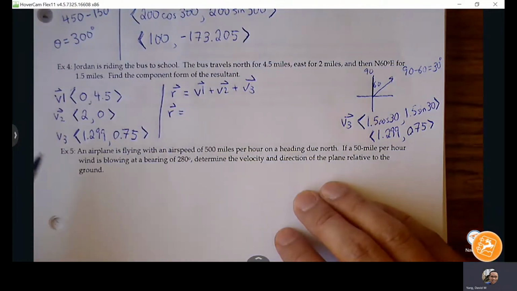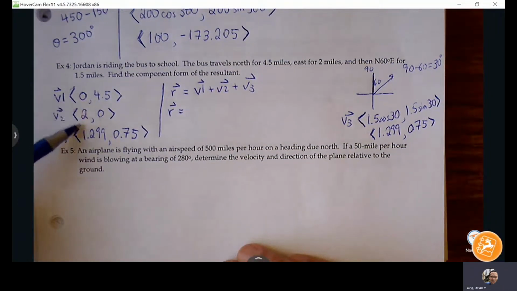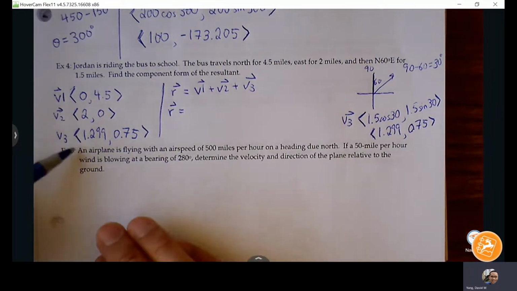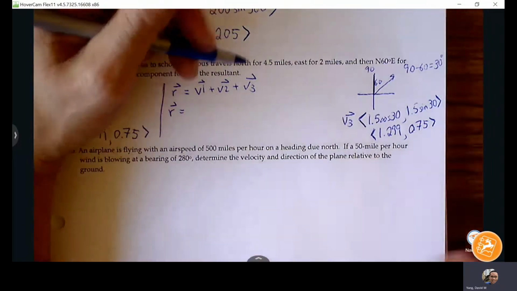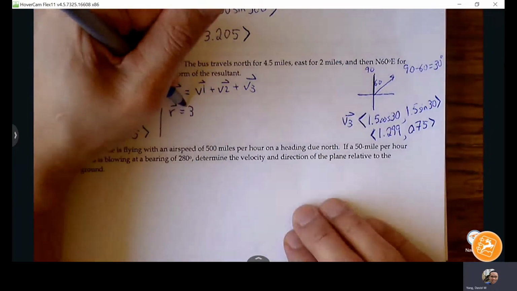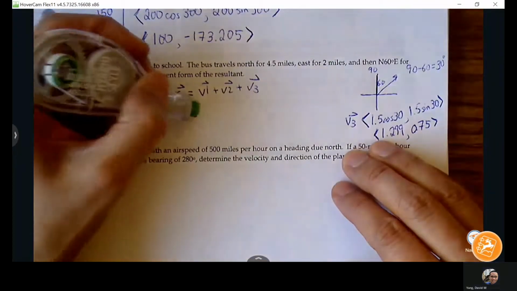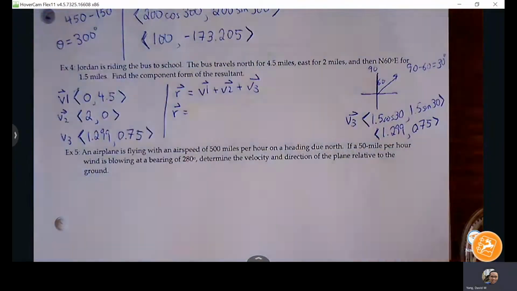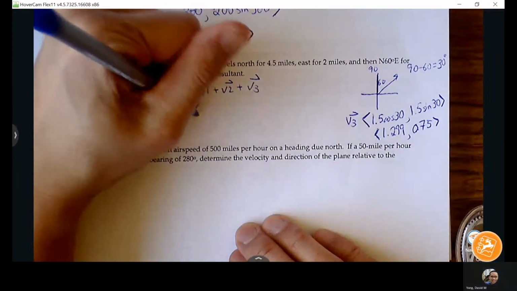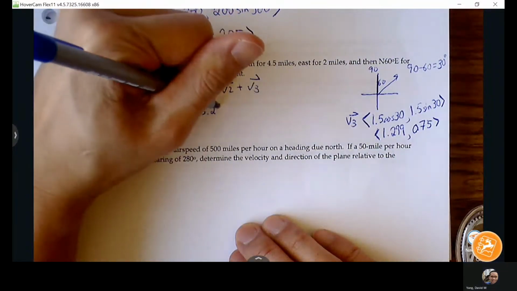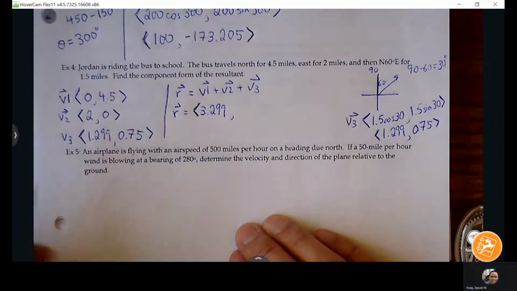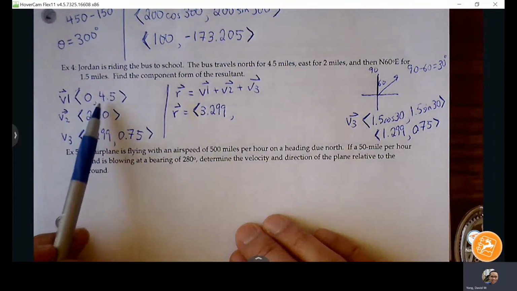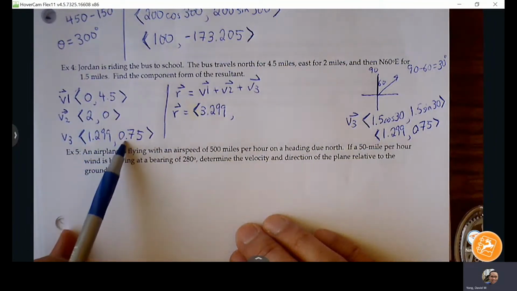Okay, so I add up all the horizontal components, 0 plus 2 plus 1.299, which gives us, and for the vertical, 4.5 plus 0 plus 0.75.